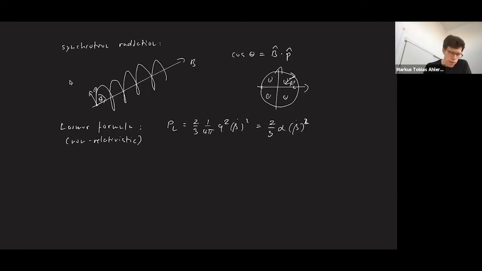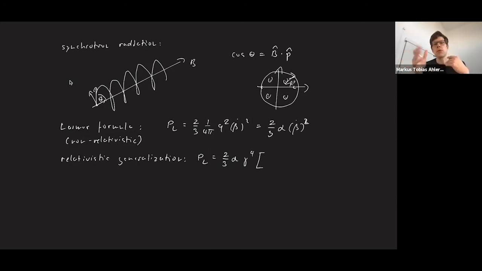Now, if you look for the case of very energetic electrons, which are orbiting about the magnetic field, you have to look for the relativistic generalization, which you can basically derive from a Lorentz transformation, but we're not going to do this in that detail. So for relativistic particles, the Larmor formula in our reference system will look like this: 2/3 alpha, and then you have a factor gamma to the power 4.